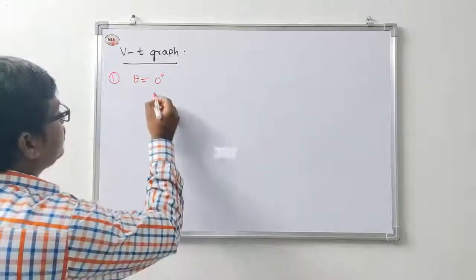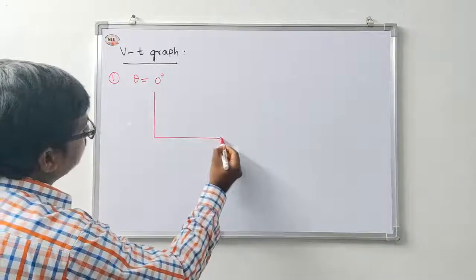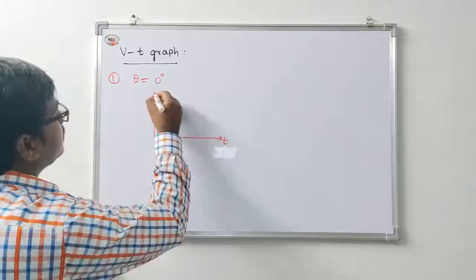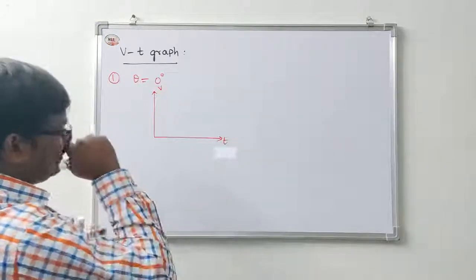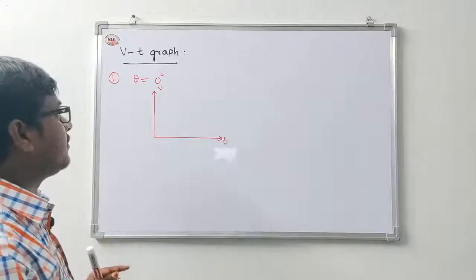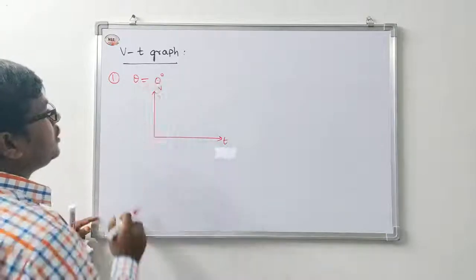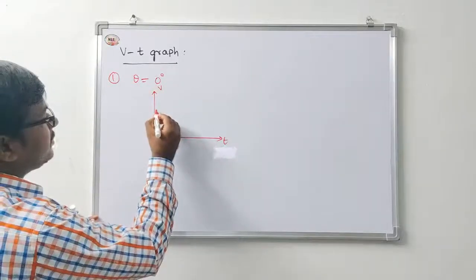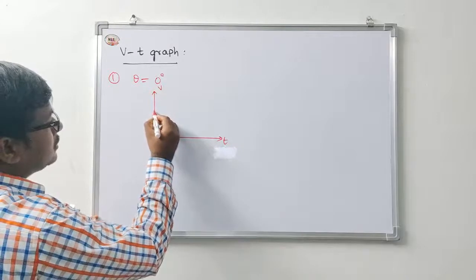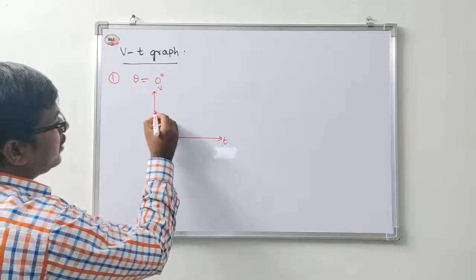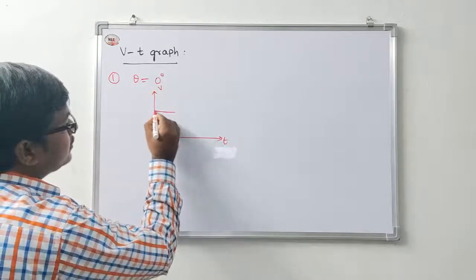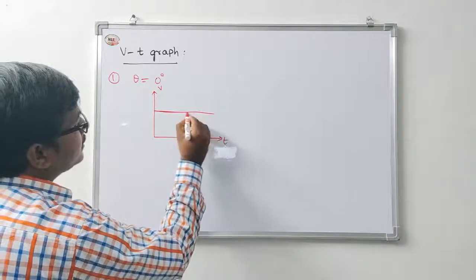First take the graph, so time and velocity, the velocity time graph. Theta is equal to 0 degrees means the particle is moving along a straight line.